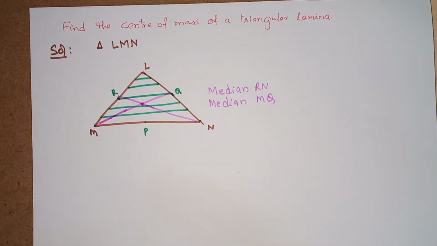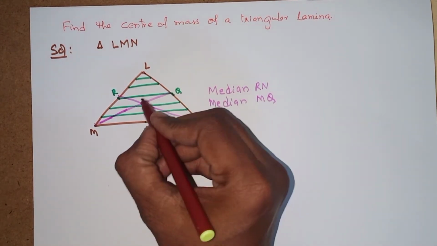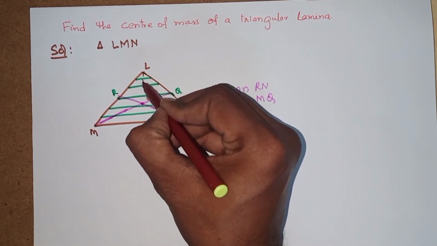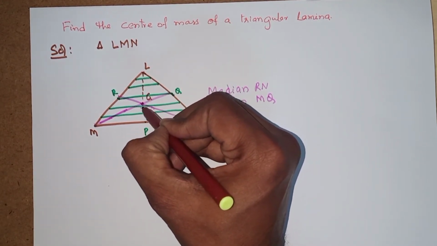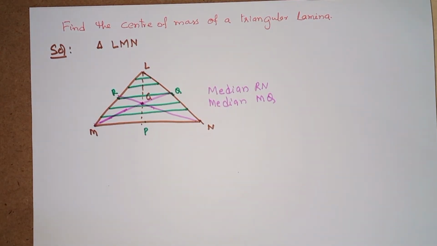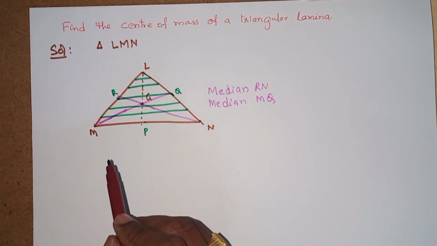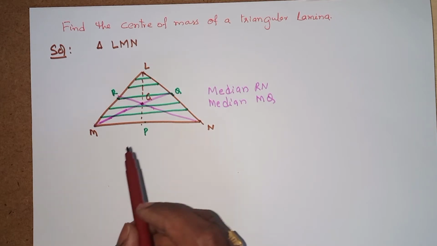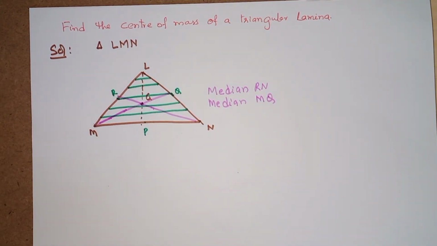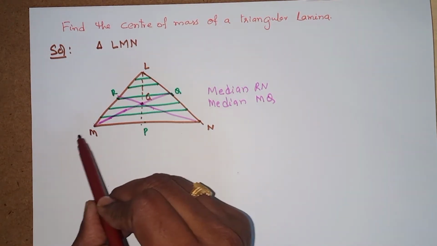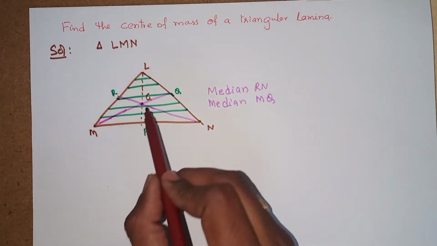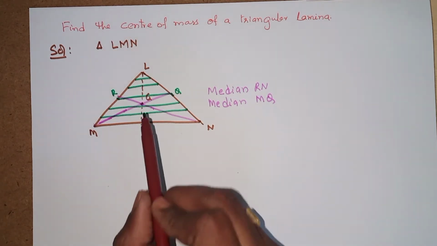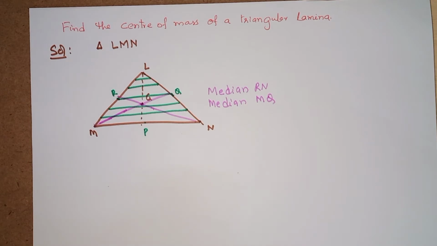Let's call it G. Now G is the center of mass location, which is called the centroid of the triangle. This is a very simple formula. We divide the sheet, draw the medians, and the intersecting point is called the center of mass.